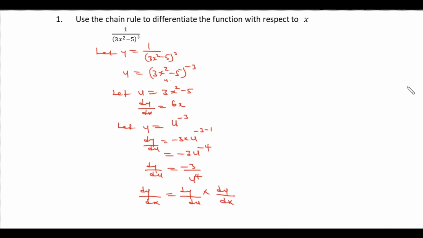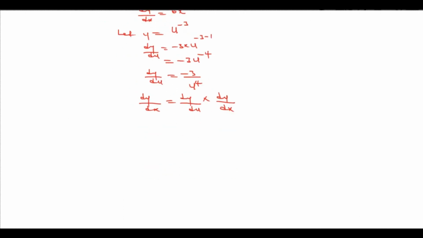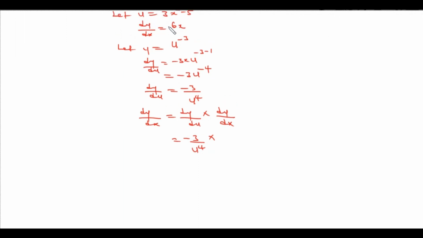Applying this formula, we substitute dy/du, which is minus 3u raised to the power 4, times du/dx. du/dx is simply 6x.